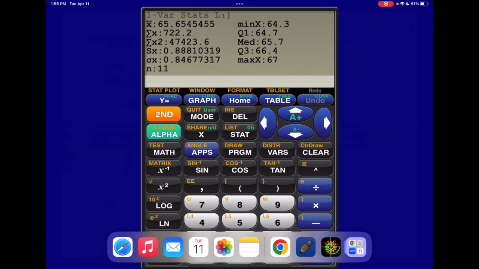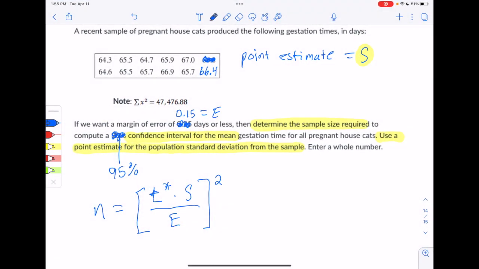All right, so heading back and writing that S down, we came up with S is approximately 0.88810. And again, as far as significant figures go, we have 1, 2, 3, 4, 5. That last zero doesn't change the value of the number, but it makes sure people understand that we wrote 5 significant figures like we're supposed to for a standard deviation.